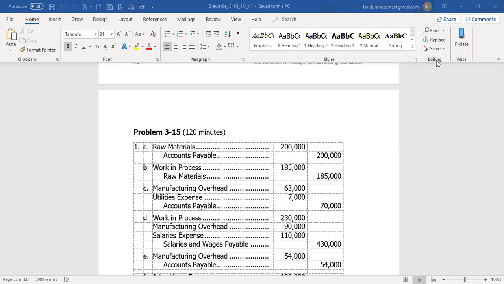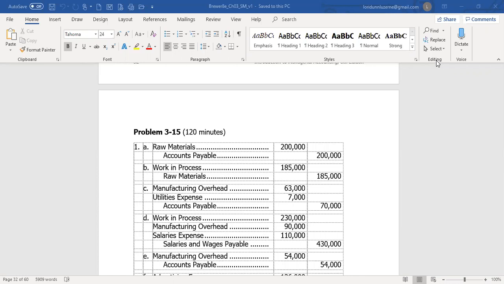The other 10%, or $7,000, is a normal utility expense because it's part of selling, general, and administrative costs. So the part that is related to the actual manufacturing is debited to an inventory manufacturing overhead. And you'll see what happens with that account. Then we'll credit accounts payable because it was on account, so we have to increase that liability.